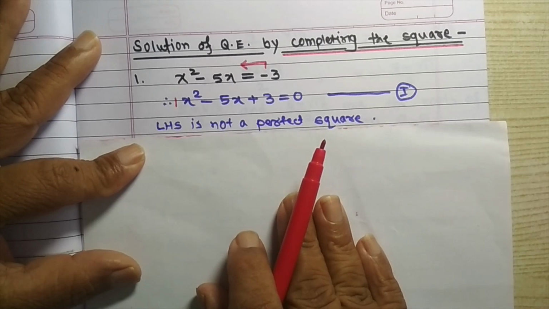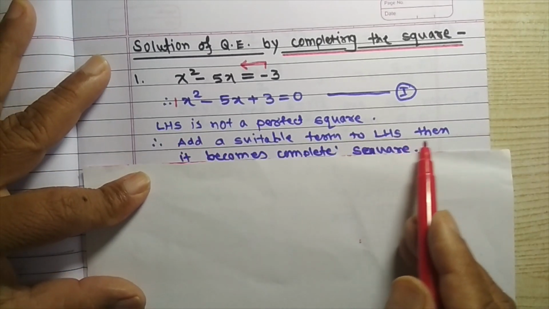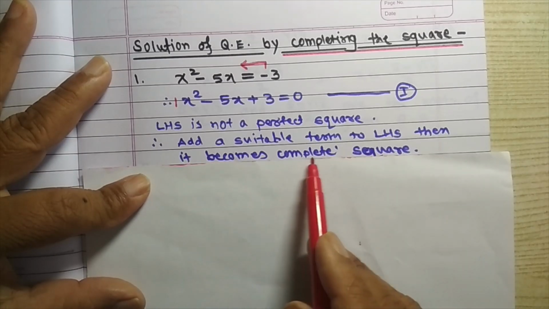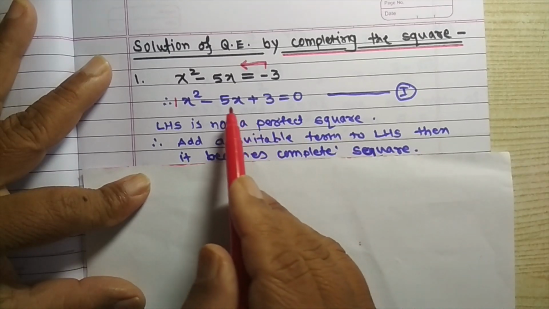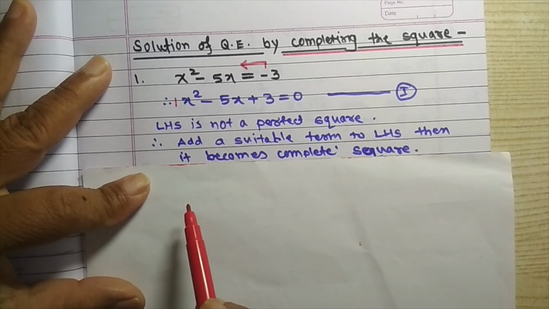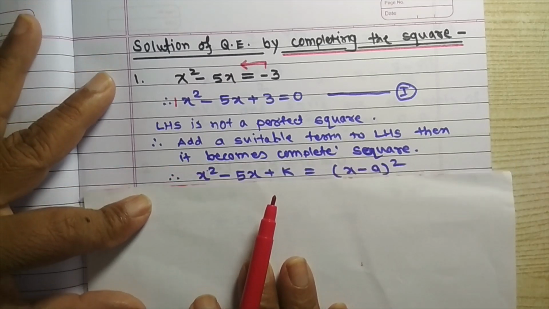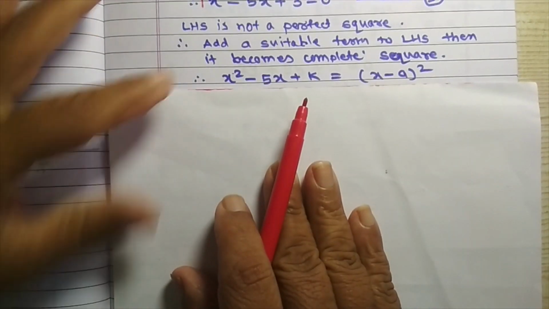Which is that one? We have to observe first. Add a suitable term to the LHS, then it becomes a complete square. Means we have to add a perfect square number to the left side of that equality, then it becomes a complete square.